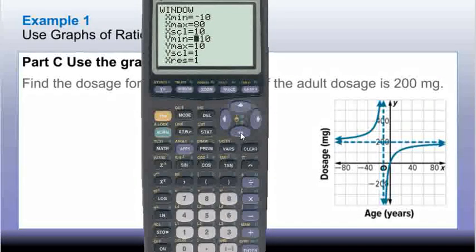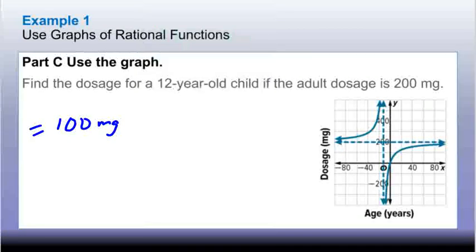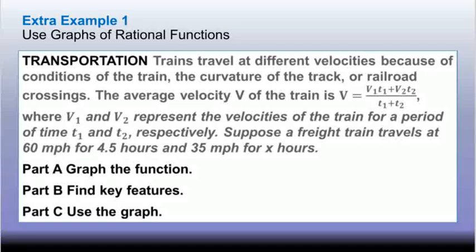And the y maximum, let's go up to 600, count by 100s. Now we can graph it. We'll see that there, and then hit second, trace, find the value, number 1, when it's a 12-year-old. That gives us 100. So the dose would be 100 milligrams for a 12-year-old.